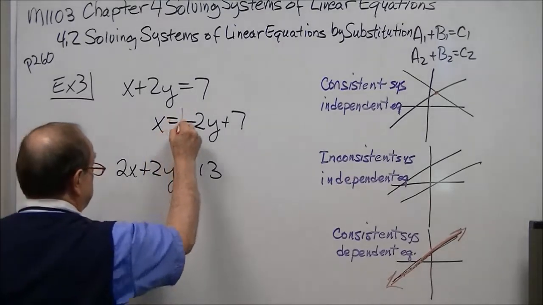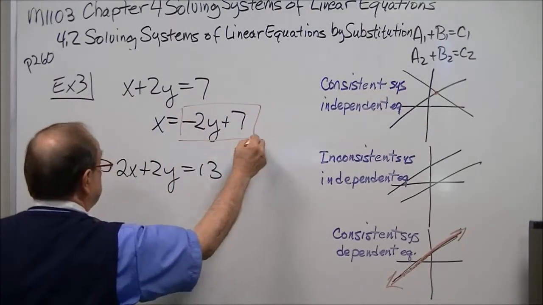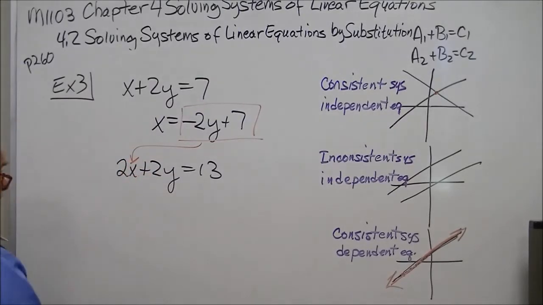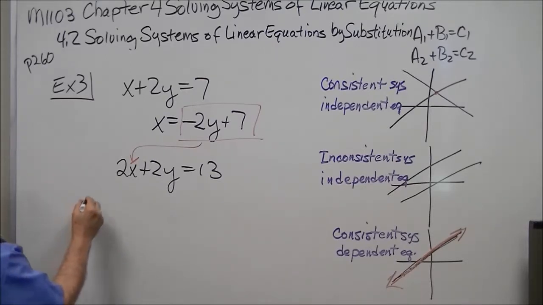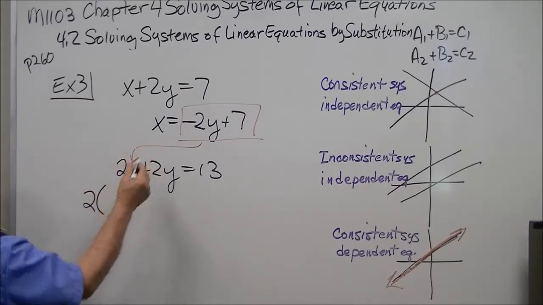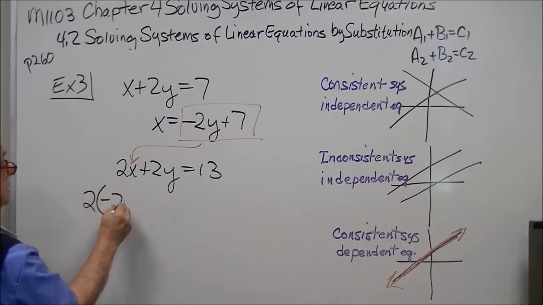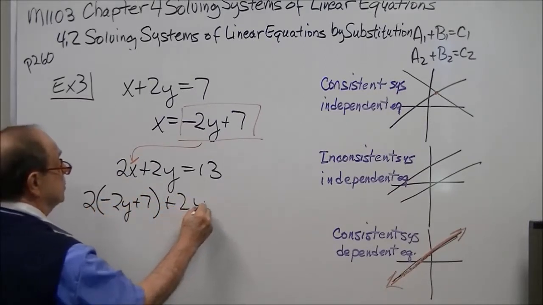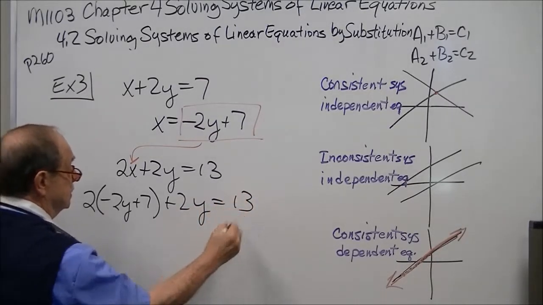So there's our value of x that we're going to put there to replace that x. And we're going to use substitution. So this is going to be 2 times, and you have to put it in parentheses, negative 2y plus 7, plus 2y equals 13.